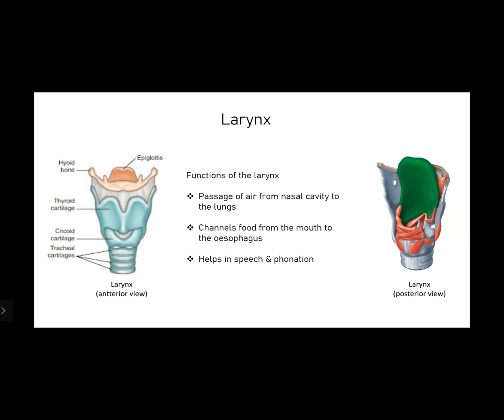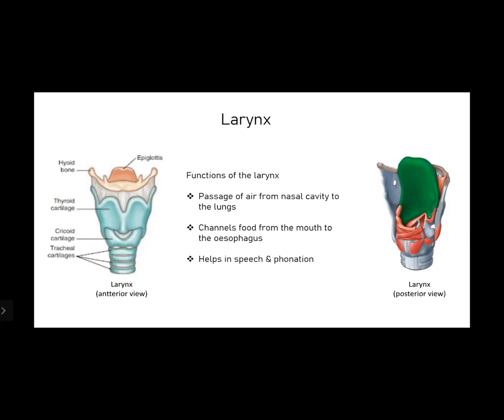So when you swallow, at that point where the bolus comes in contact with it, the epiglottis closes to allow the bolus to be propelled into the esophagus rather than into the airway. Okay, and like I told you, it's also known as the voice box because it helps in speech and phonation.